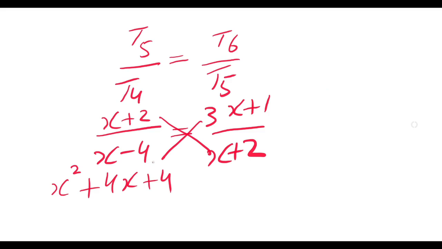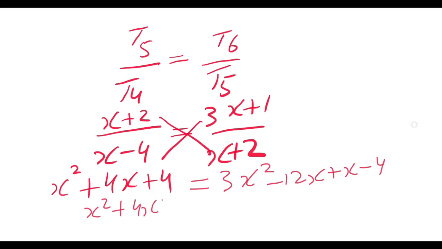Now x - 4 multiplied by 3x + 1 will give me 3x² - 12x + x - 4. I'm going to simplify here. This becomes x² + 4x + 4 is equal to 3x² - 11x - 4.